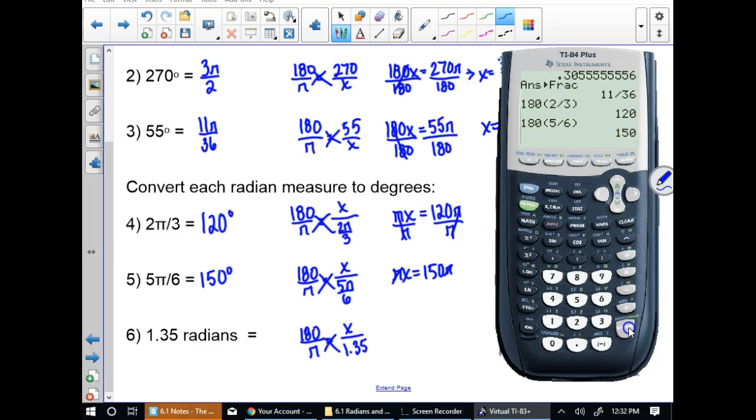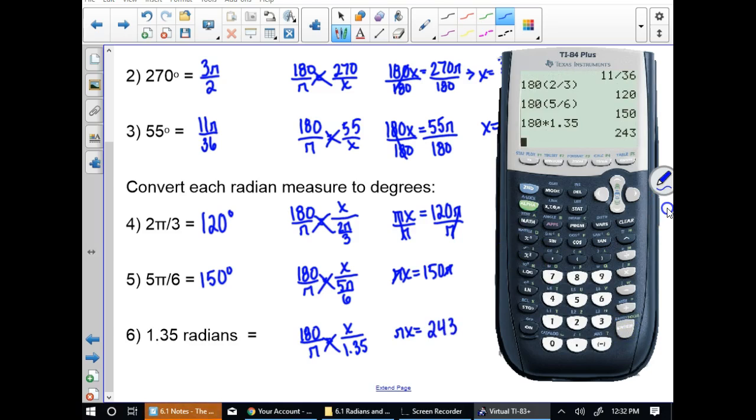And so we will cross multiply: pi times x equals, and right here I'm going to do 180 times 1.35, and I get 243.